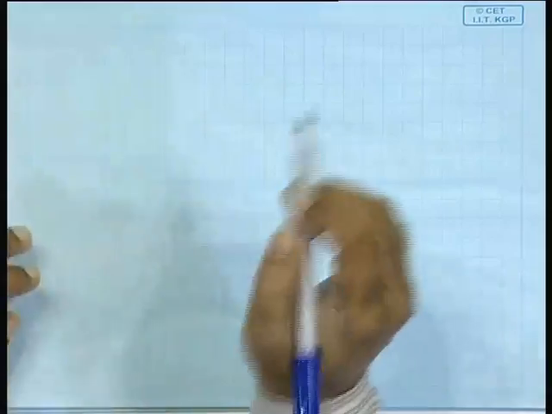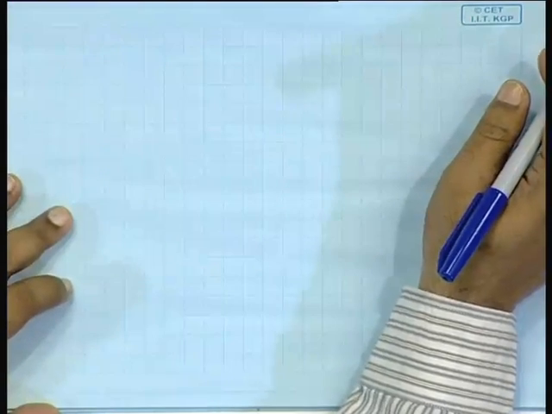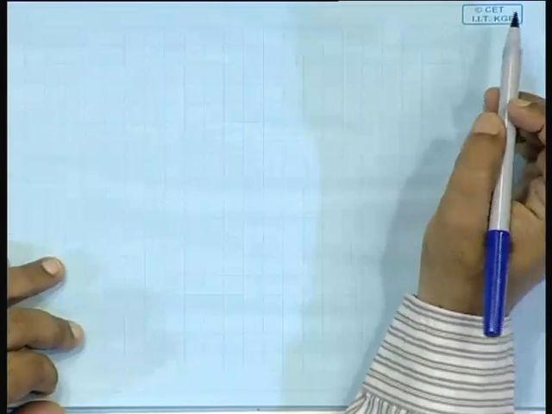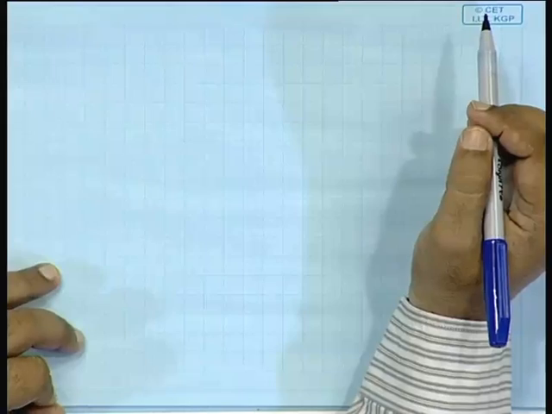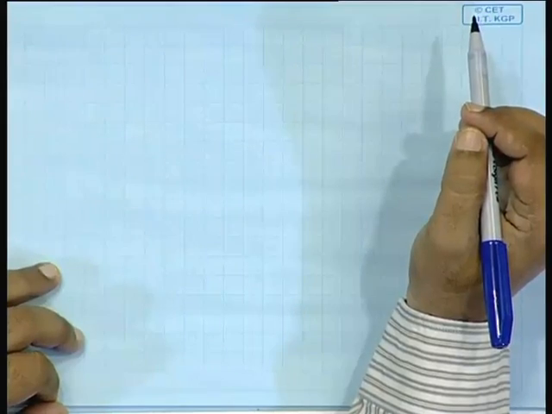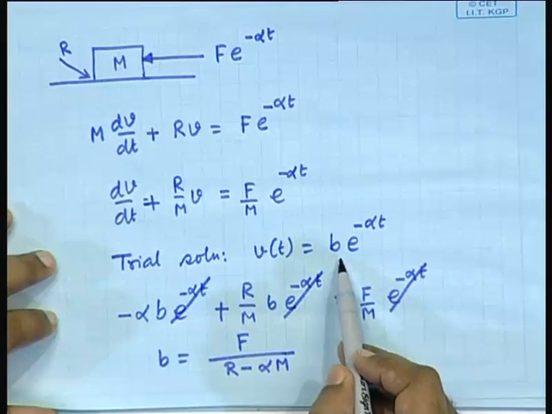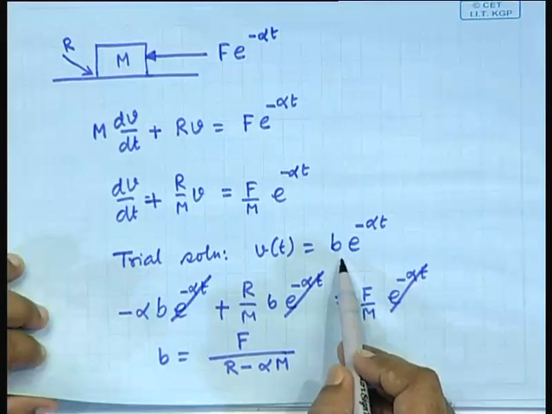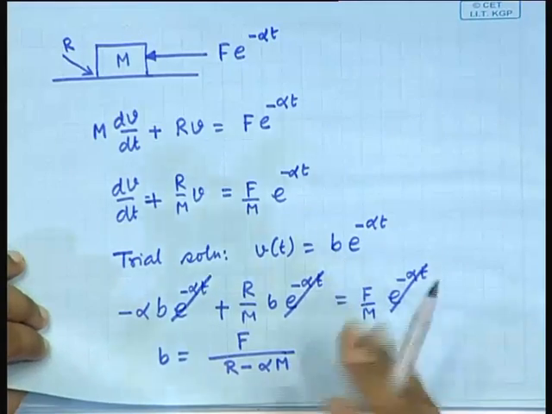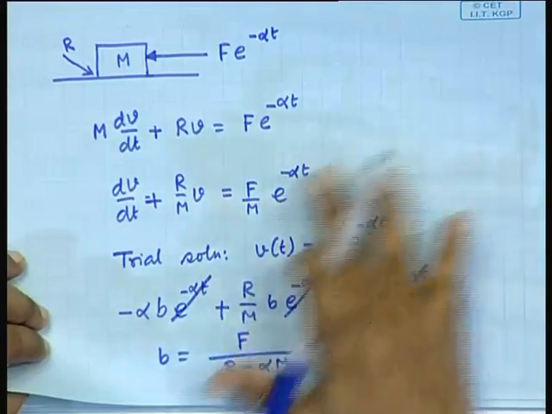Fine. So, once we have obtained this, the trial solution is which part? Steady state part. What would be the transient part? Obtain the transient part, drop this, and what will be the transient solution?